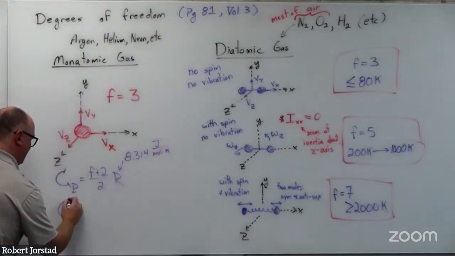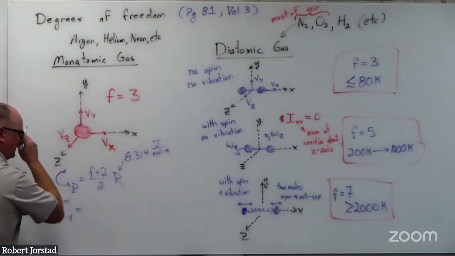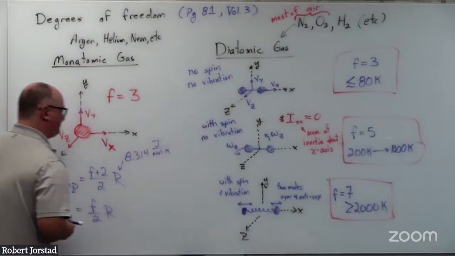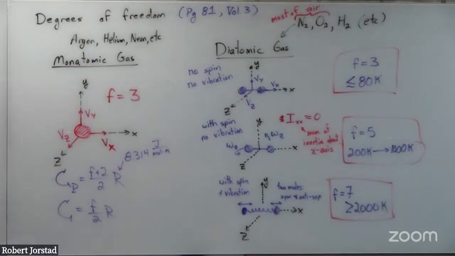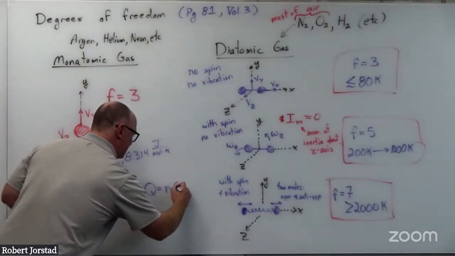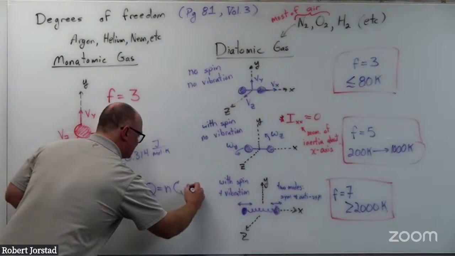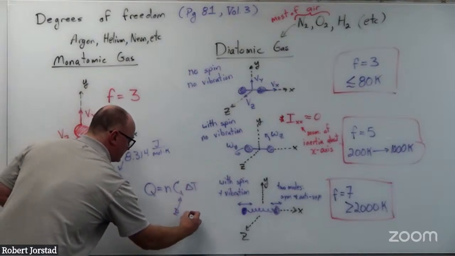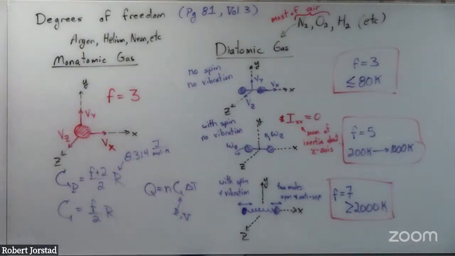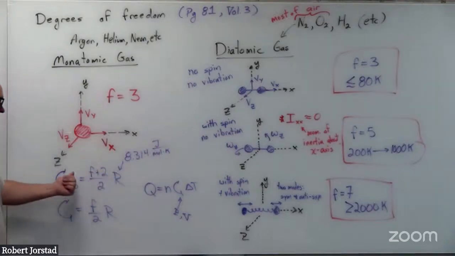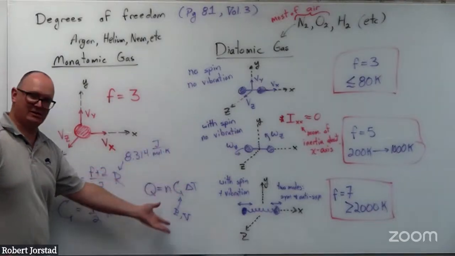And constant volume molar specific heat was F over 2 times R. If we want to understand how much heat is required, we use Q equals n C delta T, and you plug in either C sub P or C sub V. How do you figure that out? Usually you have to know the temperature range you're involved in, get the degrees of freedom, stick this in, know the number of moles, and you can calculate something.